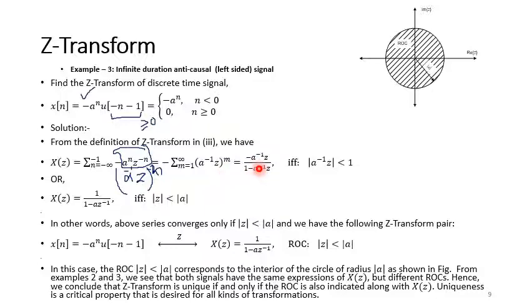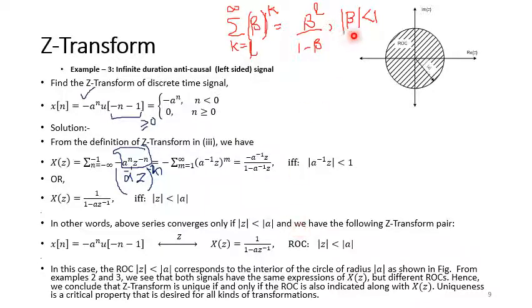So using the summing equation, let me rewrite: if absolute beta is less than 1, then the sum with k running from L up to infinity of beta to the power k results in beta to the power L upon 1 minus beta.